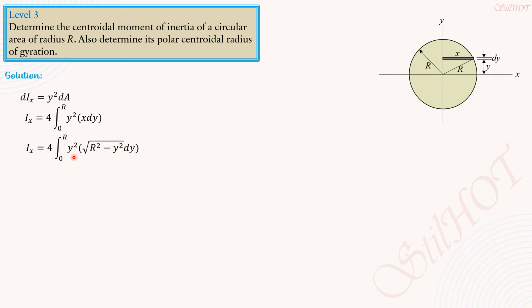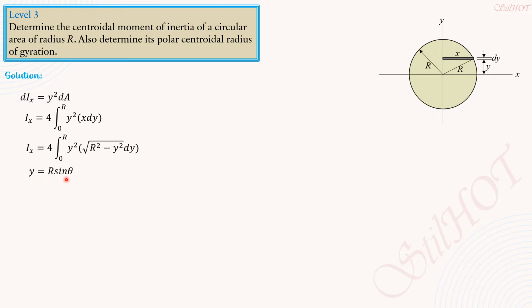So take note that our variable of integration is represented by the differential. So this is y, so 0 to r. Even if it is x, the limits are still 0 to r. And from calculus, when the integrand involves constant squared minus variable squared, we put the variable equal to constant times sine of theta. So variable y is equal to r sine theta. We form a triangle as our guide so that we can evaluate the differential of y.